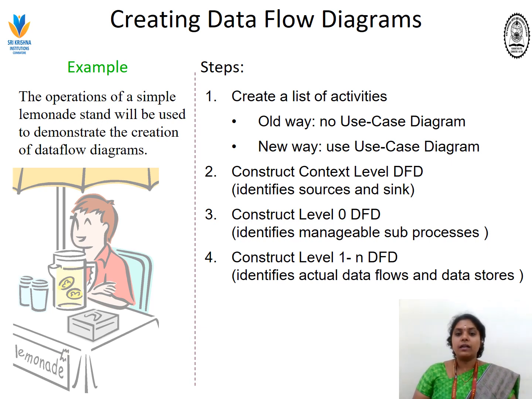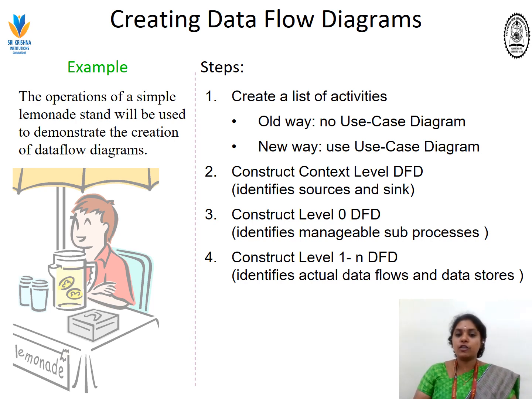And the structure level, that is the zeroth level of DFD, is the basic level. It identifies the manageable sub-processes. What are all the sub-processes that can be done by the entities will be specified in the zeroth level. And at the constructive level 1, we are going to decompose the process done by the entities.